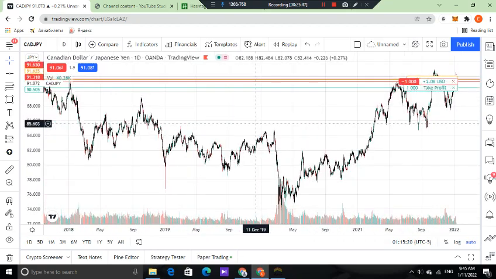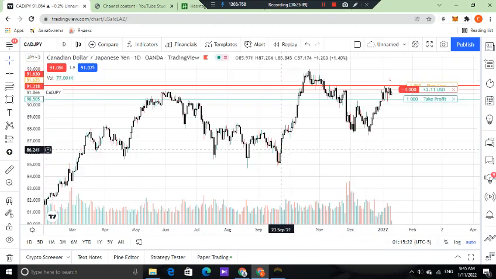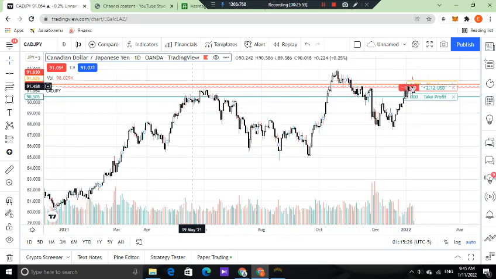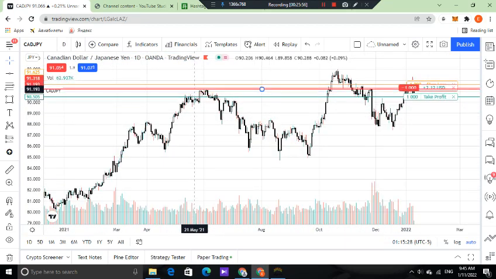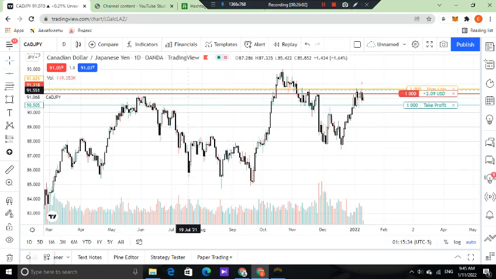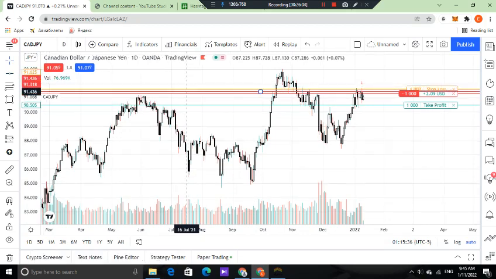We failed at several points to cross this level, this support resistance level.